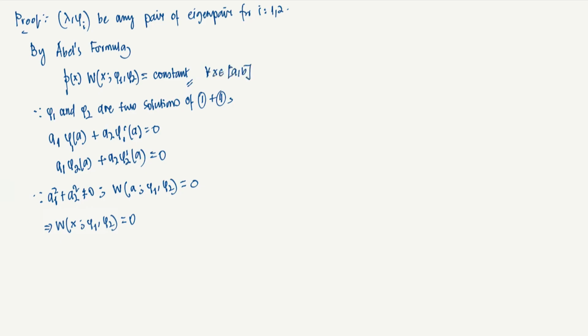Now at the point a, if this is 0, then at any point this is going to be 0, since p is always positive. Is it okay? So if the Wronskian is 0, we know from our ODE theory that phi1 and phi2 are linearly dependent.